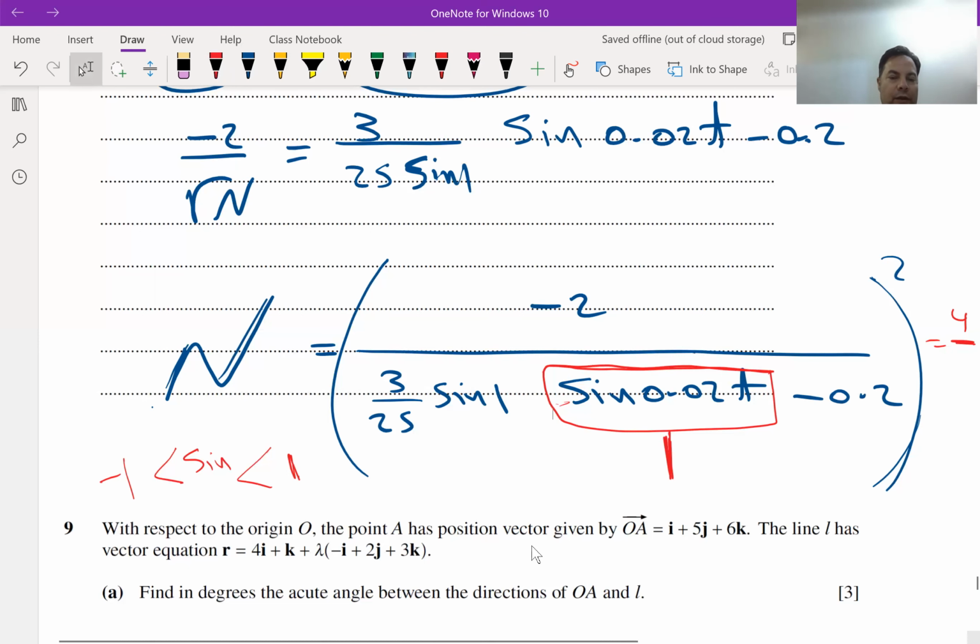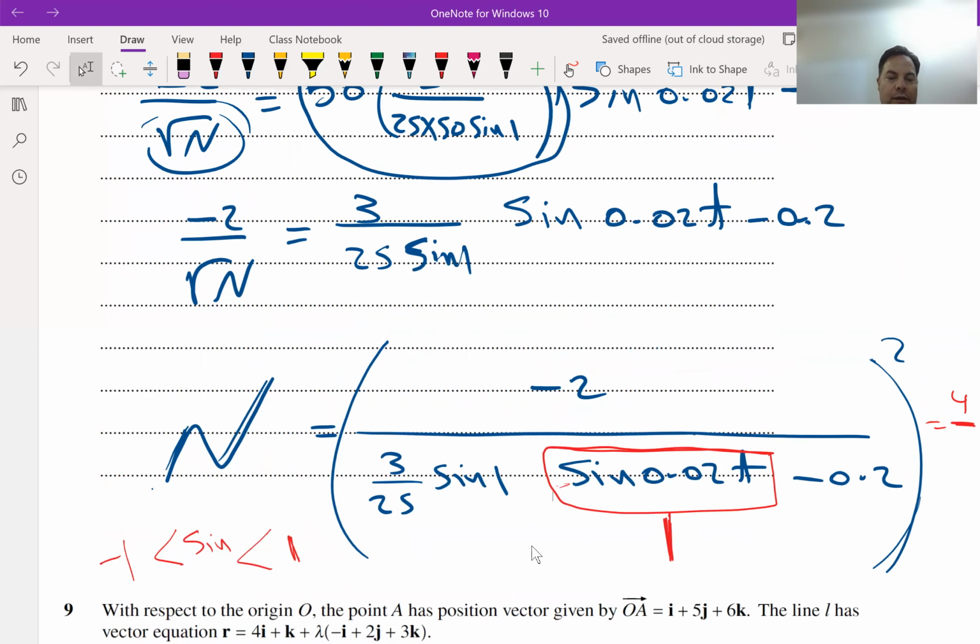When we square this part, it's minus 2 divided by the fraction 3 over 25 multiplied by sine 1 multiplied by 1 minus 0.2, square it, equal 407.